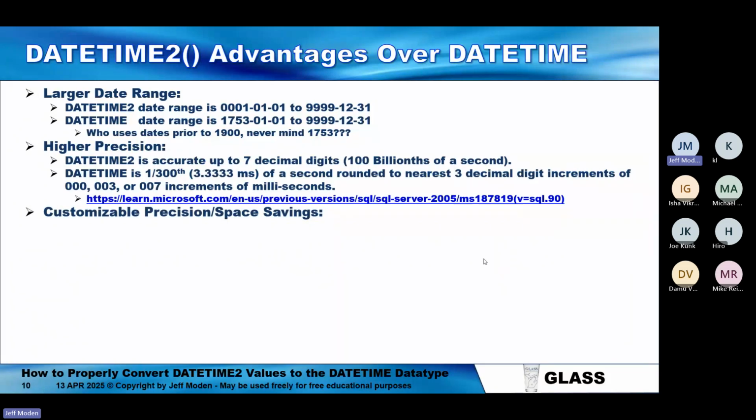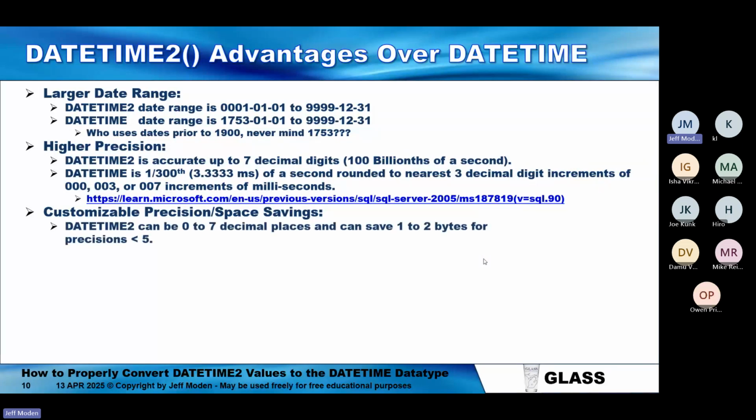It also has DateTime2 has customizable precision and space savings based on that. For example, DateTime2 can have 0 to 7 decimal places for the number of seconds in time, and you can save 1 to 2 bytes for precisions less than 5. If you're going to use milliseconds, it's going to take 7 bytes, so you only save 1 byte.